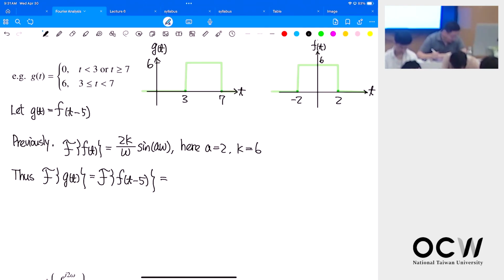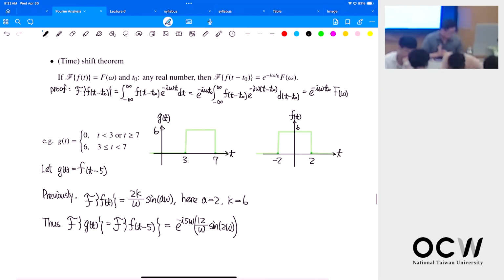So this is still 12 over omega times sine 2 omega. This will always be the same. Then I have a phase difference, e to the minus j 5 omega.